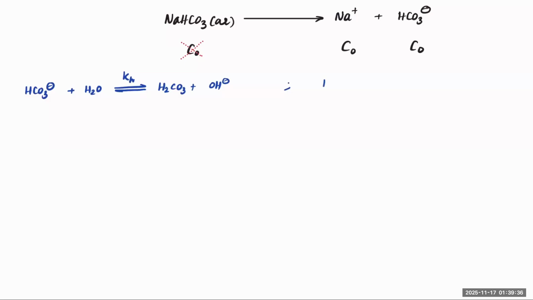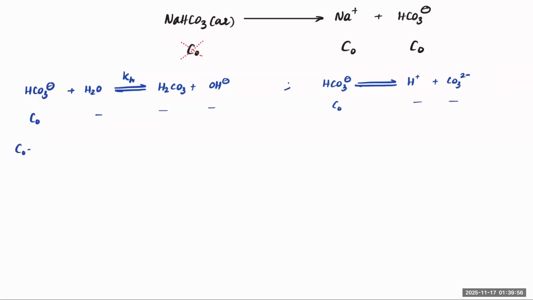Now it has a dual role also. What is the dual role? HCO3 minus can also act like an acid to give H plus and CO3 2 minus. This is what you are expecting, correct? Initially this is C naught concentration. Here also it is C naught concentration.